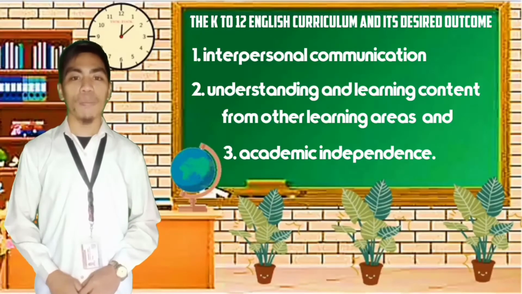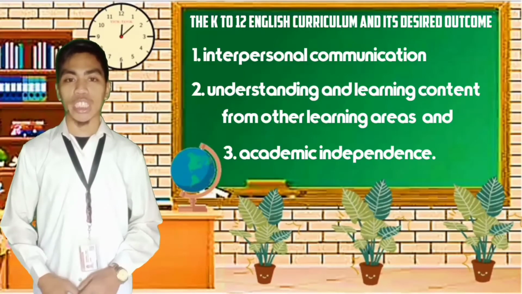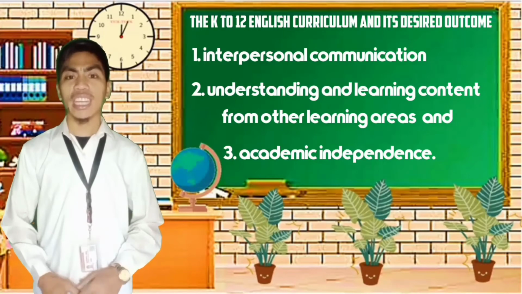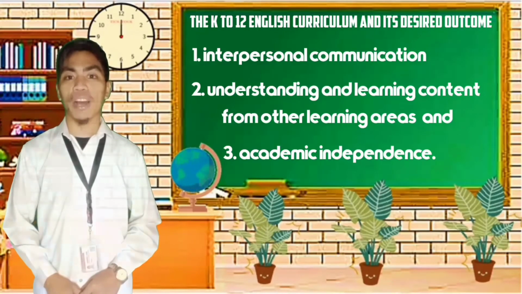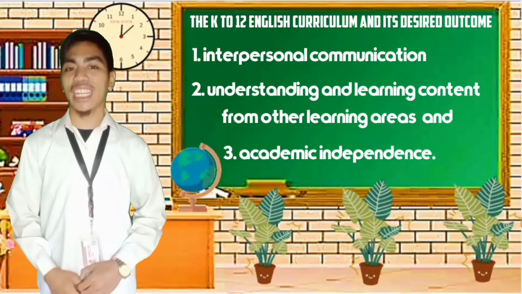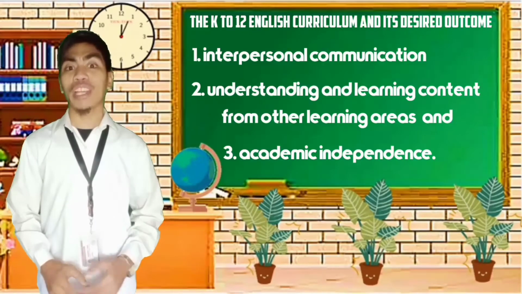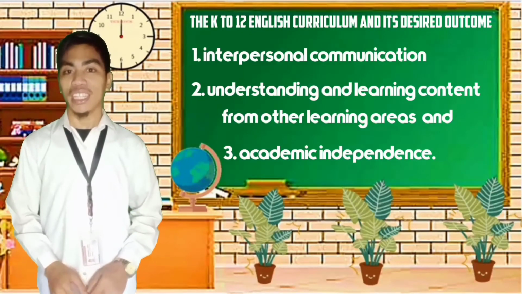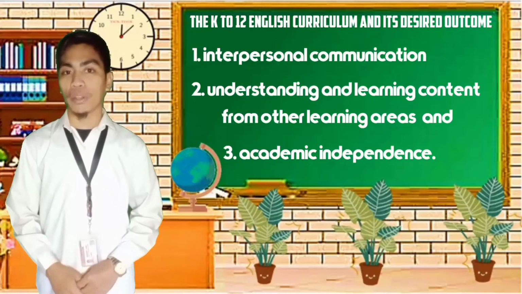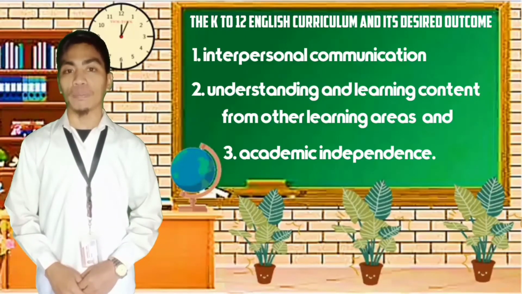The English language is the focus of the K-12 curriculum programs, which is expected for the learners to have this kind of skills. Since the K-12 program is centered on the students, they are aiming that in the future, students will be good in the English language in any forms of communication. Just like what I have mentioned a while ago, interpersonal communication means exchanging ideas and thoughts between two or more people.